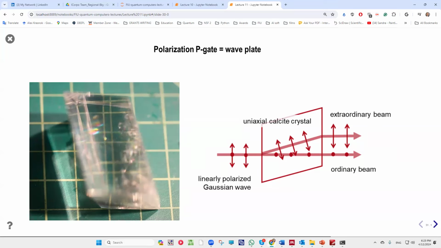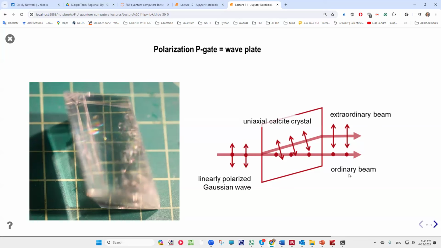Okay, so the crystal is not homogeneous; it is anisotropic. The wave propagates through the crystal with slightly different speed. And when light comes to this crystal, it splits into two waves.